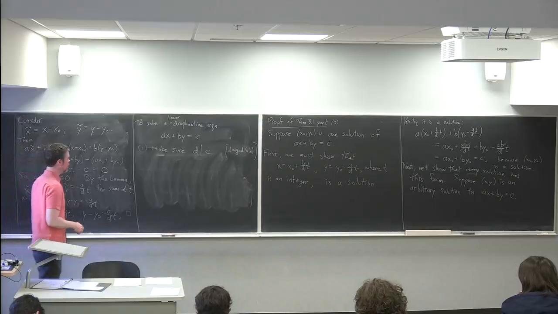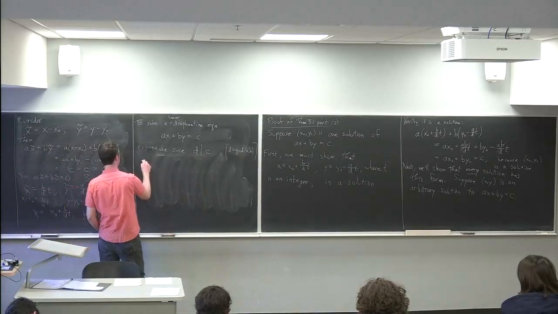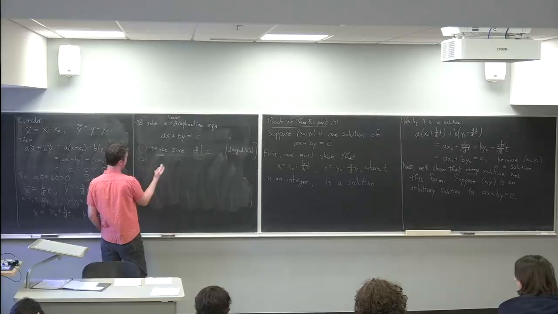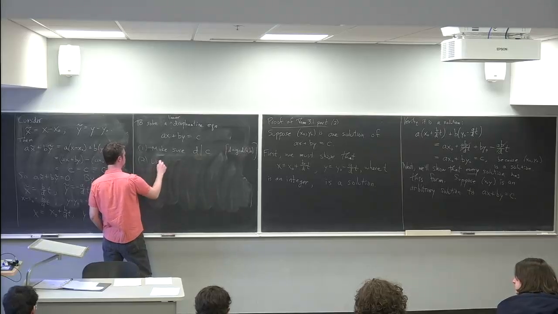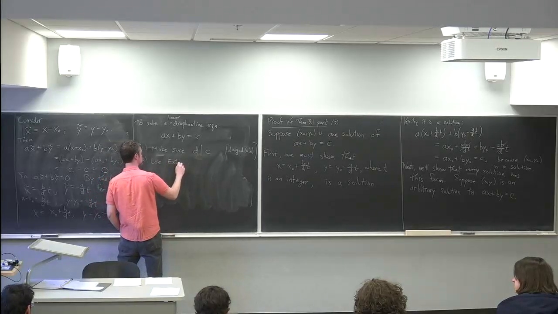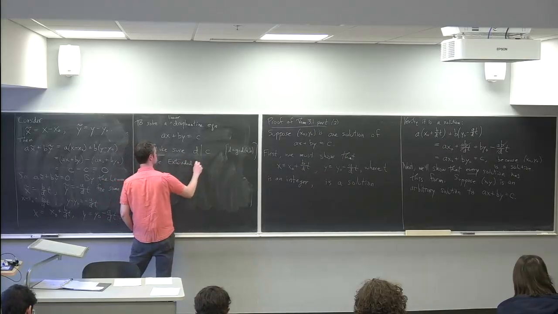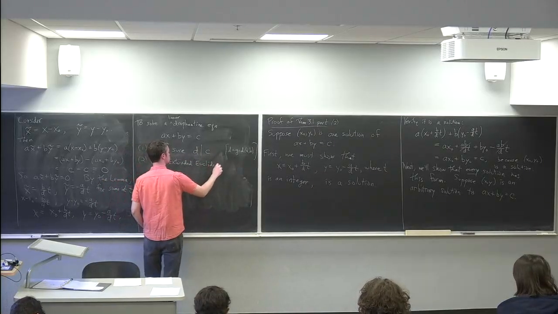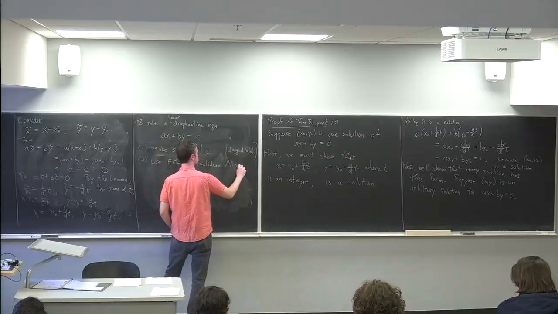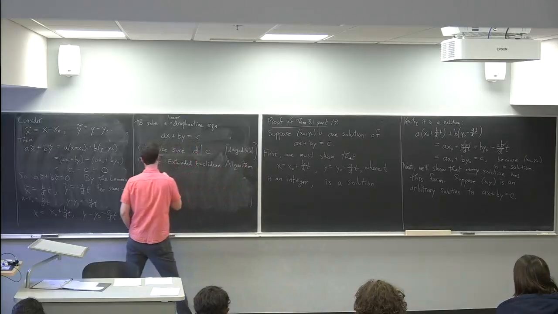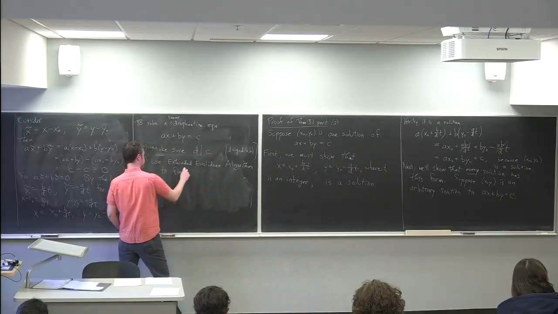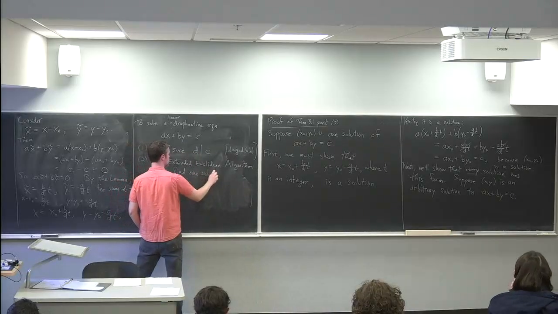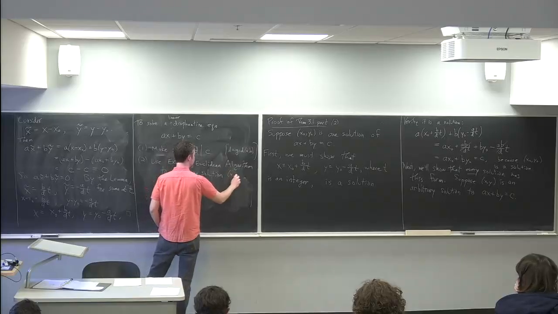And then the next step, I guess, would be to take advantage of the extended Euclidean algorithm to find one solution, x naught, y naught.